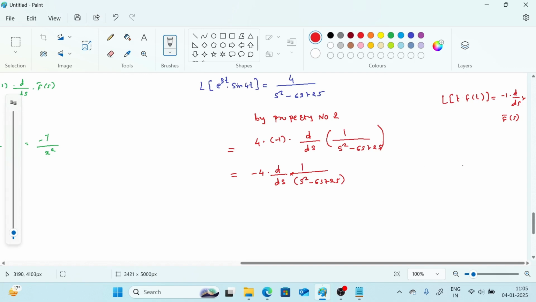I'm going to apply the same formula here: d by dx of 1 upon x will be minus 1 upon x square.